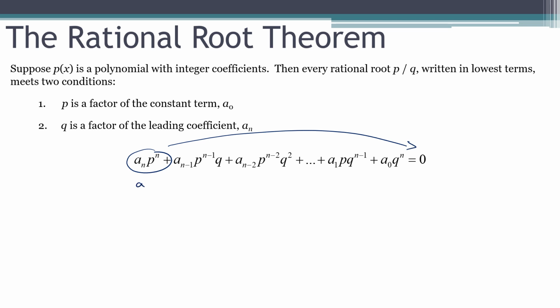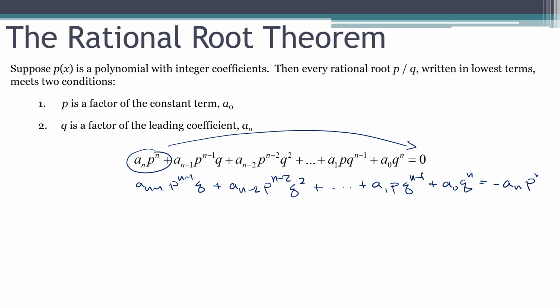This will turn into a n minus 1 p n minus 1 q plus a n minus 2 p to the n minus 2 q squared plus so on, a1 p q n minus 1 plus this constant term equals negative a n p to the n.